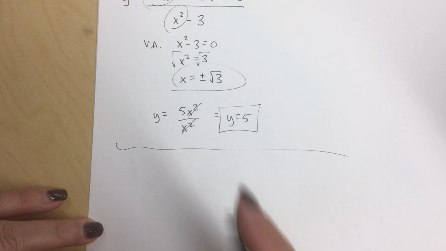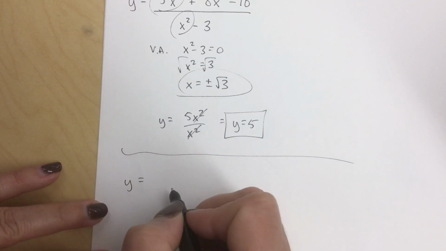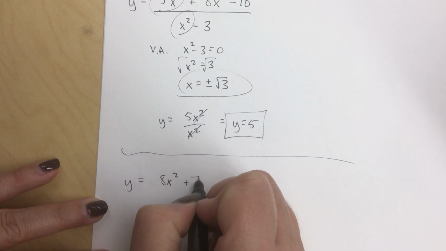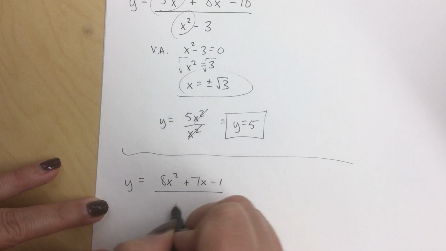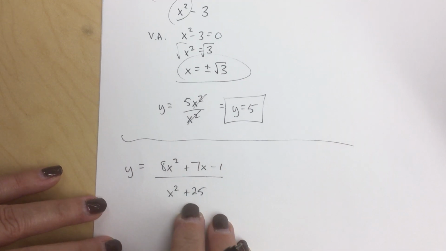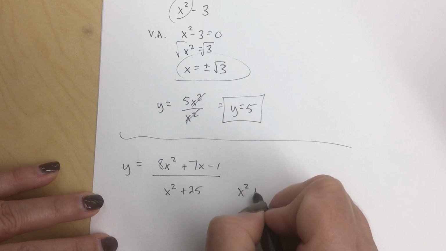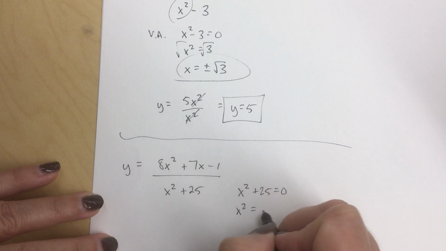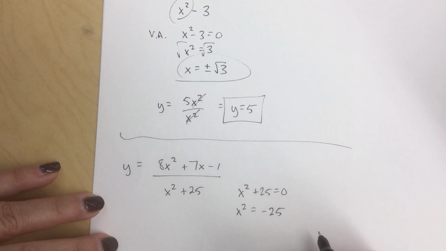Okay, next problem, y equals 8x squared plus 7x minus 1 over x squared plus 25. So if we start on the bottom again, x squared plus 25 equals 0. So x squared equals negative 25. That can't happen.